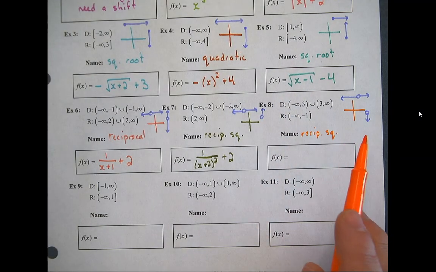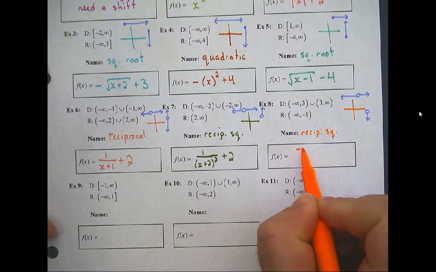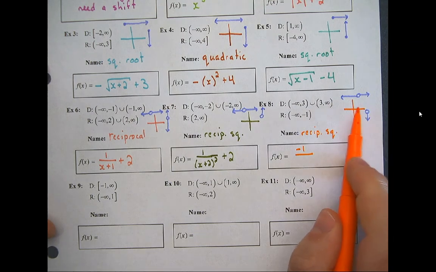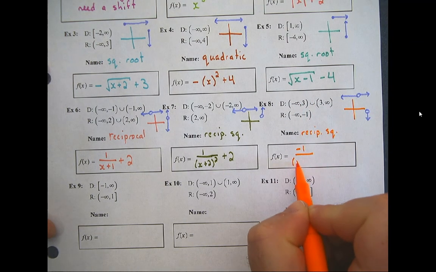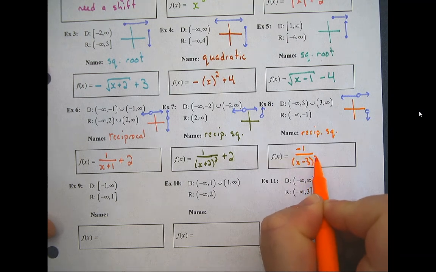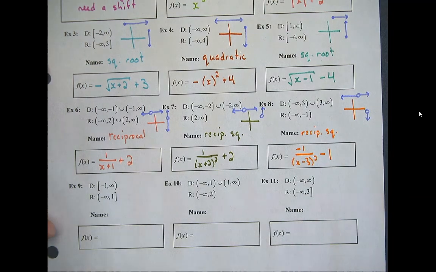Unfortunately, our range points downward. So we want to definitely include a negative. So I would have -1 over, and then I've got to do my shifts. So this shifted forward 3. So in my equation, it's going to be x minus 3. And then my graph shifted down 1, so that's going to be a subtract 1.